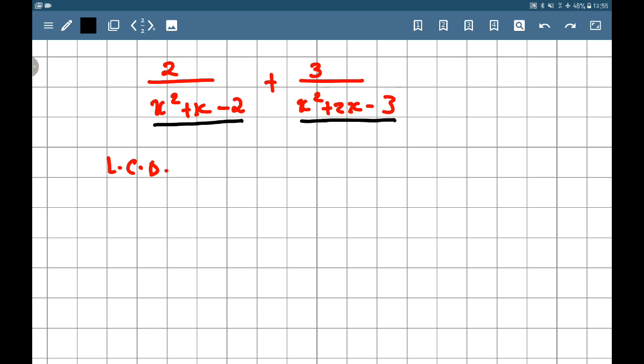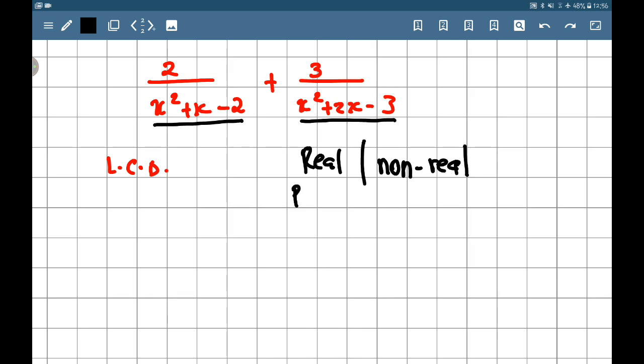Guys, when we deal with the nature of roots, the roots are the answer you get when you solve. Remember, numbers can either be real or non-real, right? Yes.